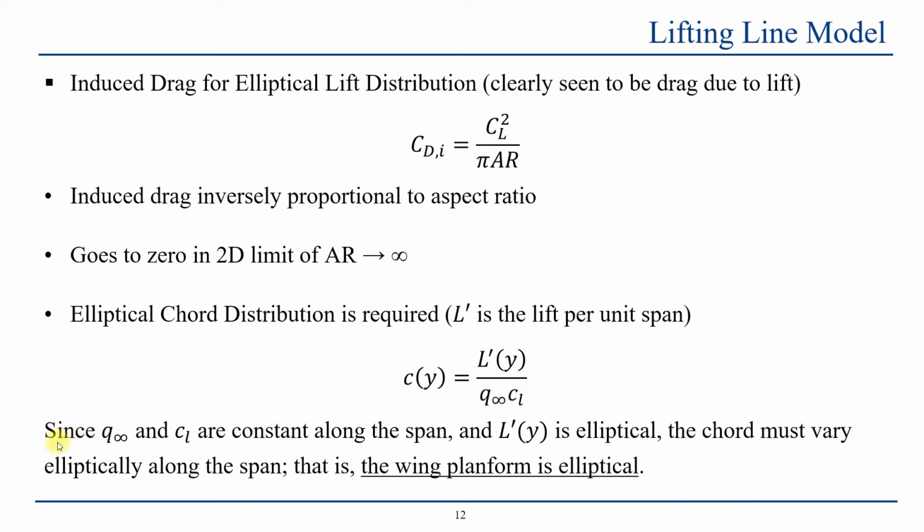Now since q infinity and CL are constant values in this case along the span, and L prime is elliptical, the lift distribution is elliptical, if we want the elliptical lift distribution, this equation says that we must have an elliptical wing, or elliptical chord distribution. That means for the ideal case of elliptical lift distribution, our wing has to be of elliptical shape, or the wing planform has to be elliptical.